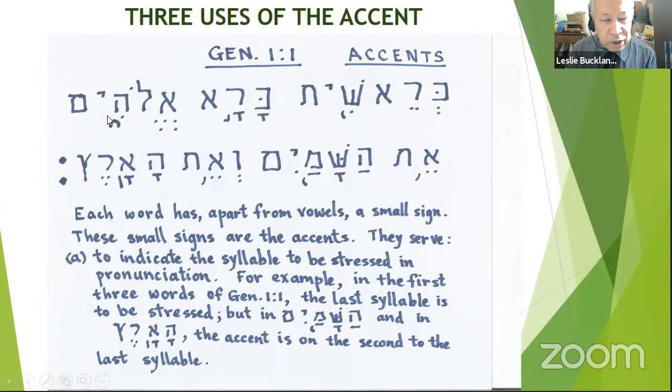So if the logical division of the verse comes at a certain point, like here, you would put this accent mark here, under the last syllable, because this divides the verse into its logical parts. This is Athnak, the second greatest stop. This is Siluk, the greatest stop.